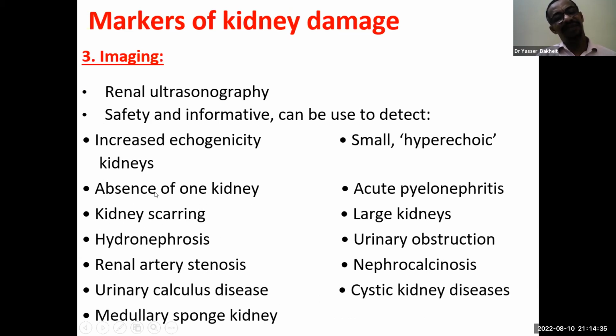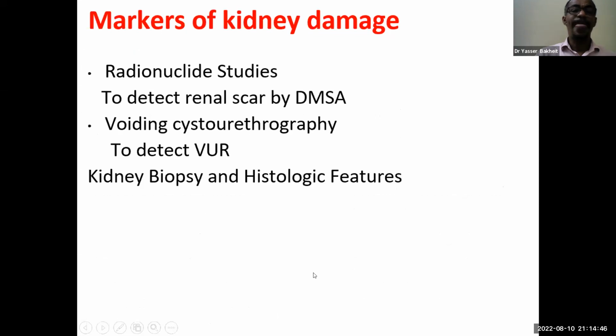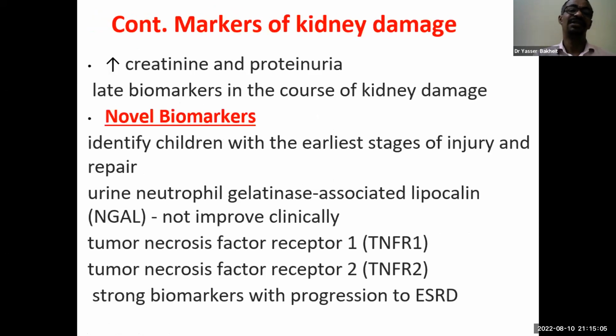Kidney scarring is difficult to see by ultrasound and needs some expertise. It also shows hydronephrosis, renal artery stenosis, acute nephritis, and others. A radionuclide study, DMSA, detects renal scarring; a voiding cystourethrogram detects vesicoureteral reflux; and renal biopsy gives histological features.